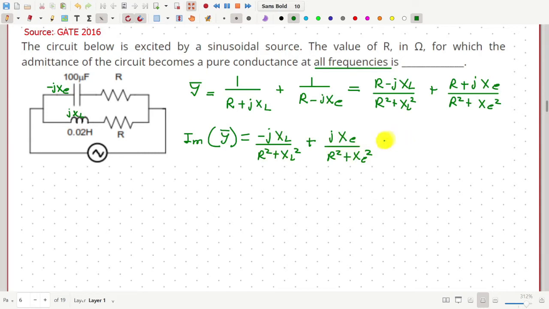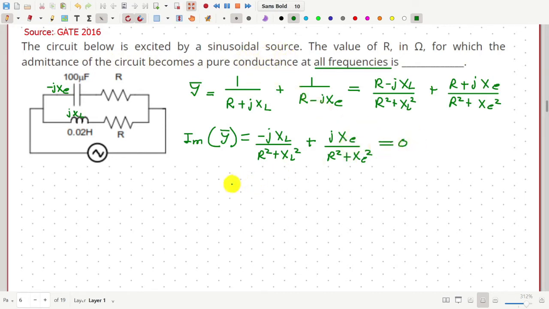And we need this imaginary part to be equal to 0 according to the question, because we have to find out the value of R for which this admittance becomes a pure conductance or a real number.